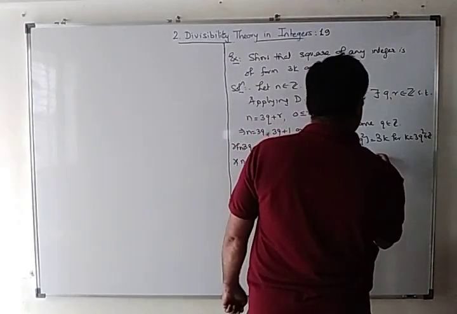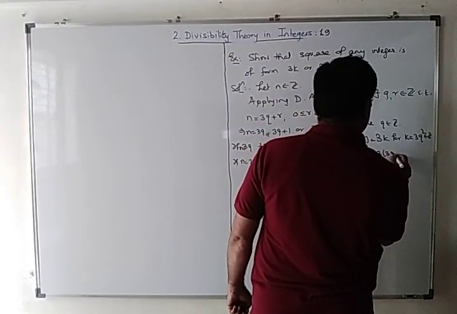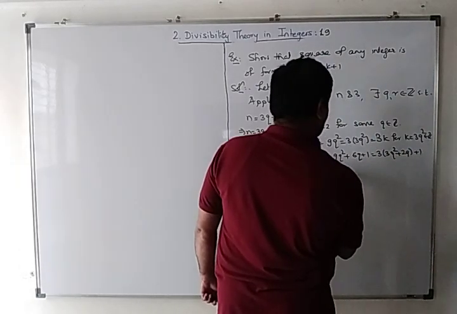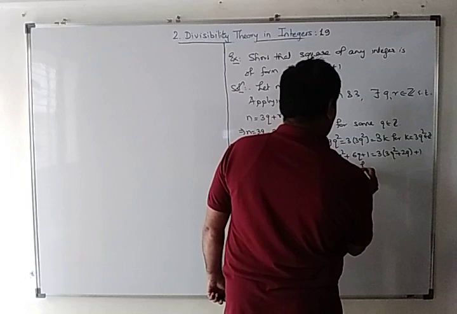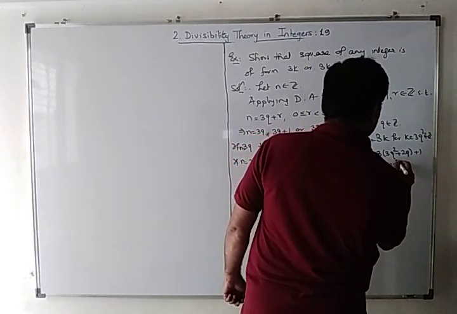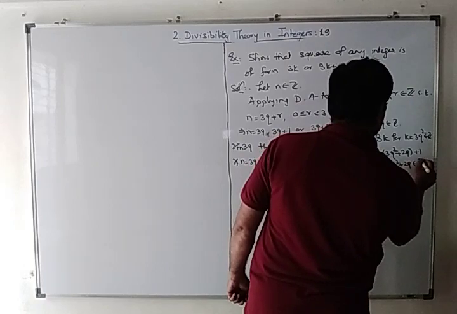This is written as 3 times (3q square plus 2q) plus 1, which is equal to 3k plus 1, for k equal to 3q square plus 2q belonging to Z.